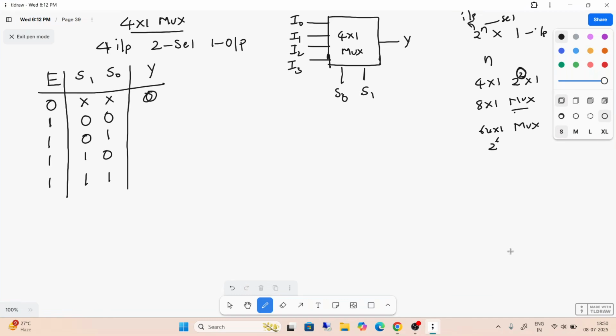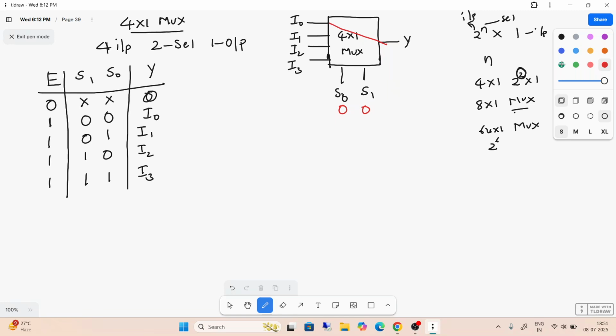So see here, S1 and S0. These are the inputs I0, I1, I2, and I3, selected depending on the selection line. When the selection line is 0 0, I0 will be connected.